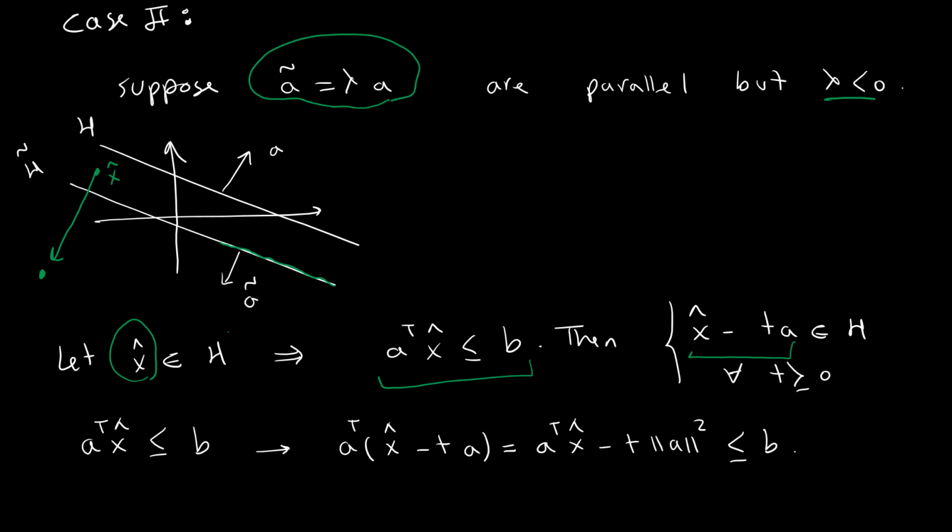Because once we have that point, we multiply it by A to get A transpose x hat minus t norm squared of A. And for t greater than 0, we can see that this inequality always holds. So we are sure that this point is in H. Okay, let's see what we can do with this point in the next slide.